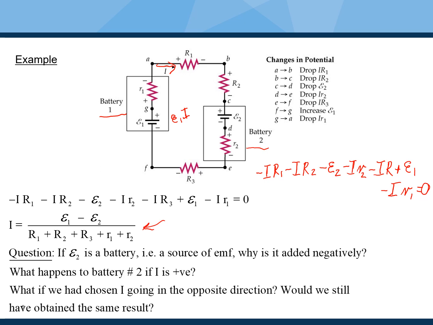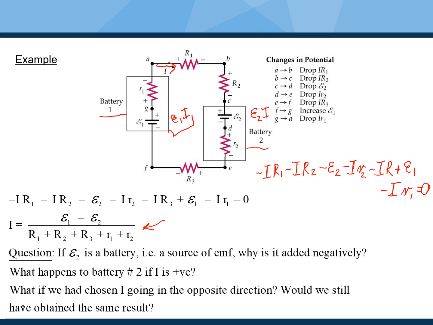However, ask yourself what is happening in the battery E2. In the battery E2, this same current is actually flowing in the opposite direction, which means that the battery E2 is actually absorbing an amount of energy from the circuit per unit time that is given by E2 times I. So the battery E1 is donating an amount of energy every second that is given by E1 times I, and energy per second is basically units of power.